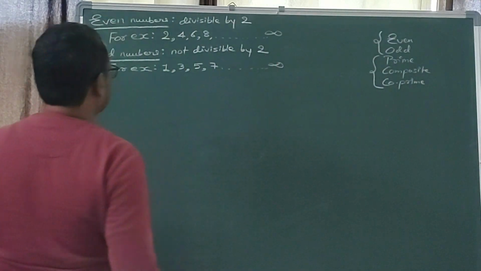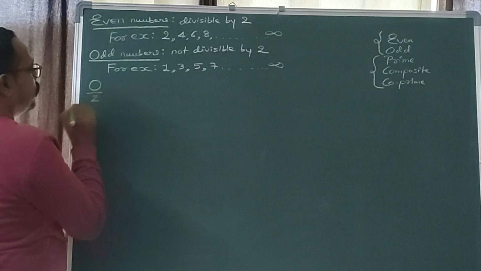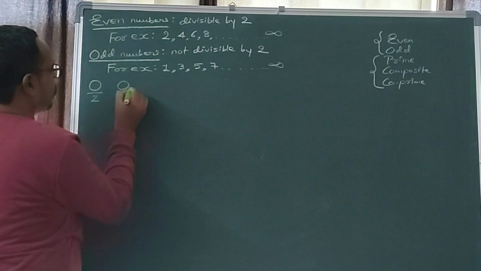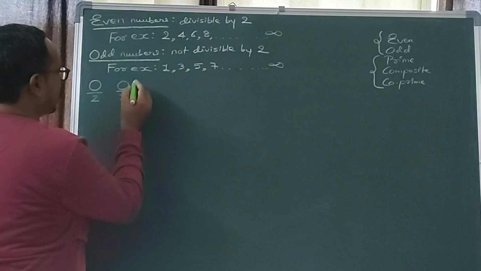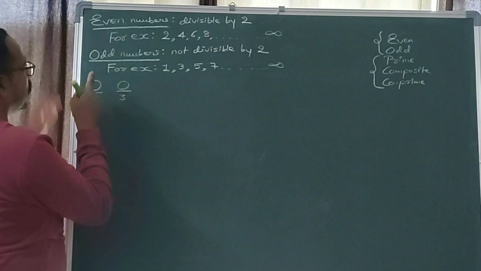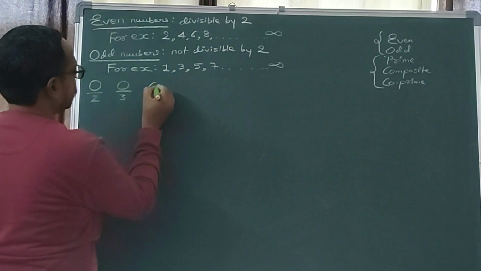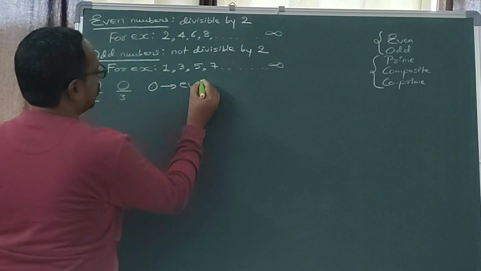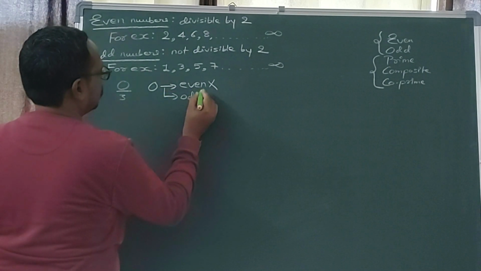Actually, 0 is divisible by 2. 0 is divisible by every number. So 0 is neither even nor odd.